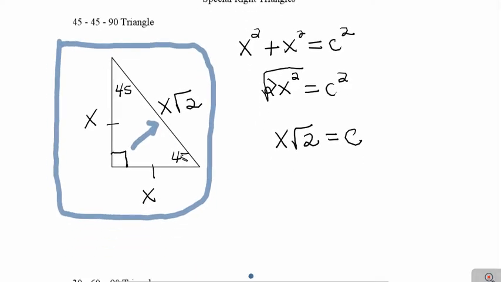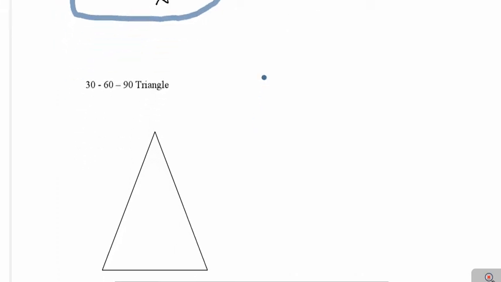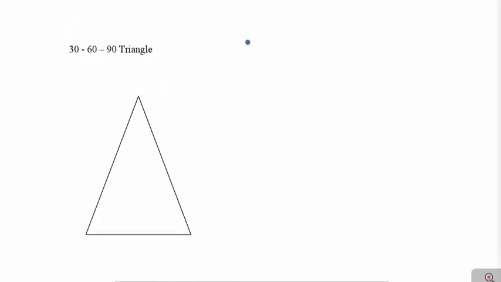Okay, so now to switch gears, we're going to talk about the second type of special right triangle, which is called a 30-60-90 right triangle. Now, this whole triangle comes from the idea of splitting an equilateral triangle in half. We know in an equilateral triangle that all of the angles are equal to 60 degrees.